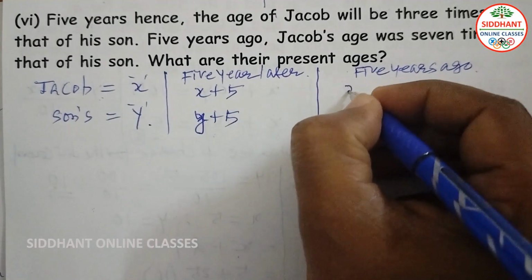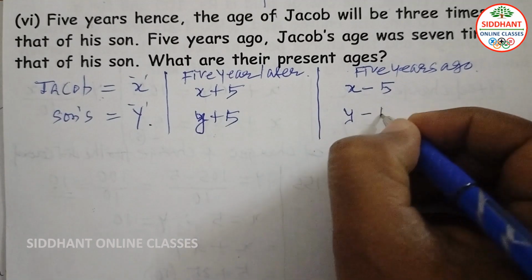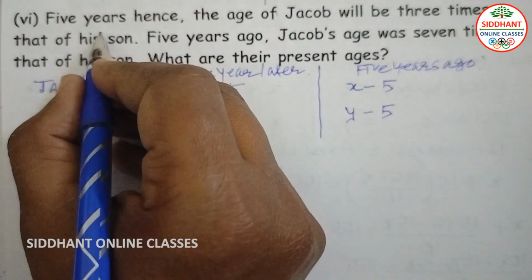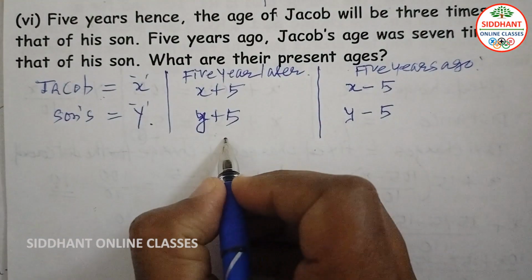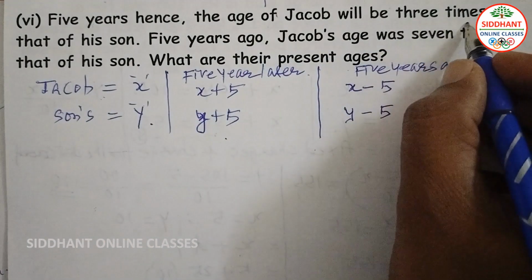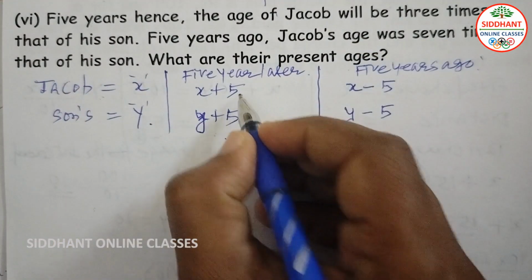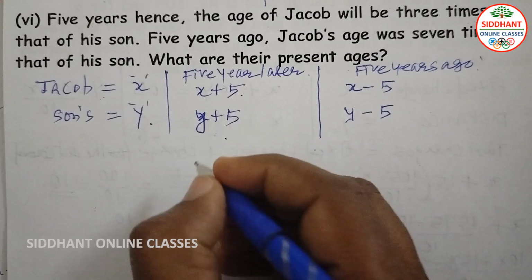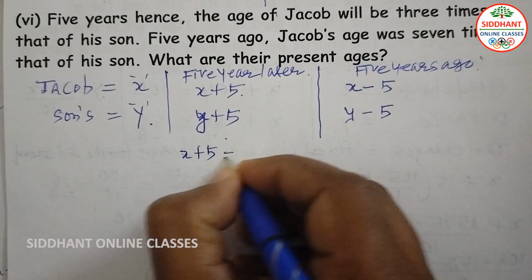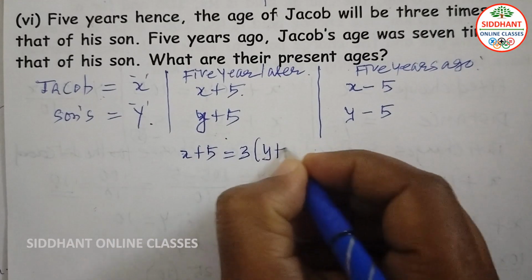That means Jacob age will be x minus 5 and son's age will be y minus 5 here. Now in the first condition, 5 years later, the age of Jacob will be 3 times that of his son. That means here x plus 5, which will be equal to 3 into y plus 5 here.